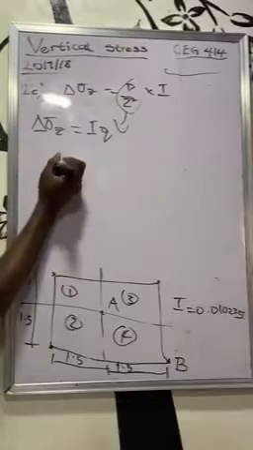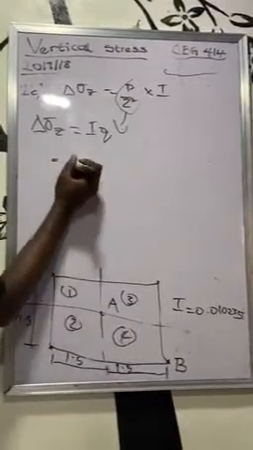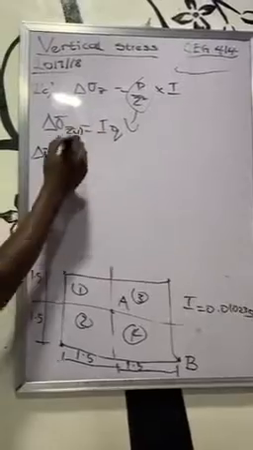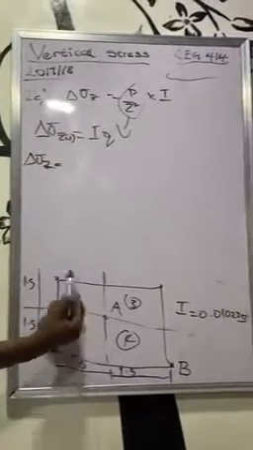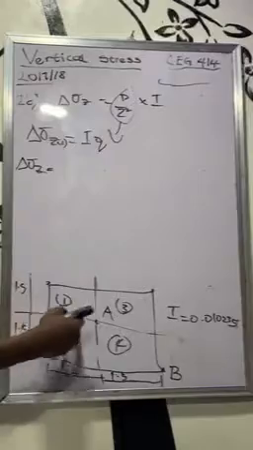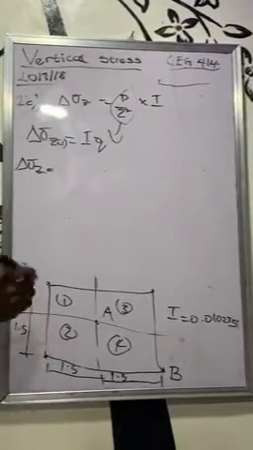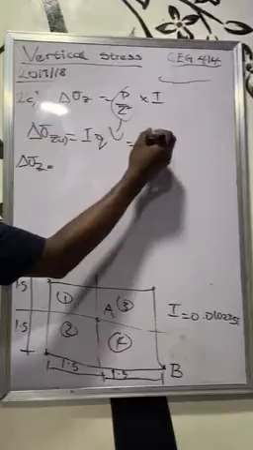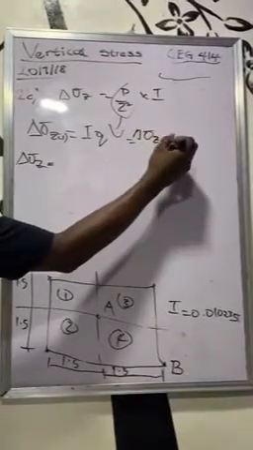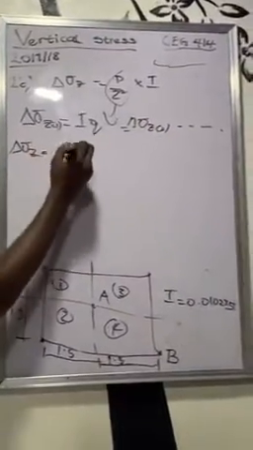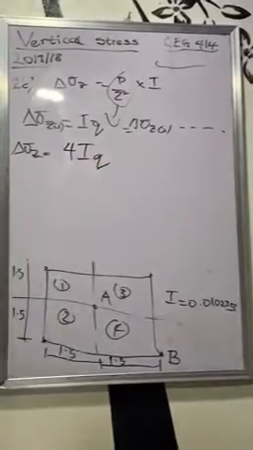So since we have found our influence factor to be this, and again, to get the total stress for the 4 rectangles, seeing that the rectangles are equal and acted upon by the same pressure, you can say that sigma Z1 equals sigma Z2 equals sigma Z3 equals sigma Z4, which means our total sigma Z can be equal to 4IQ.